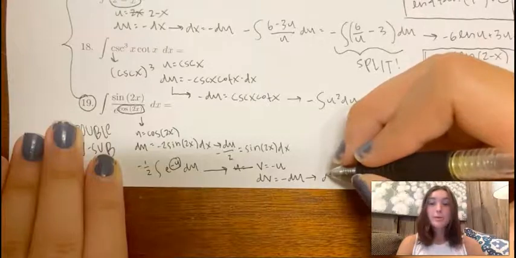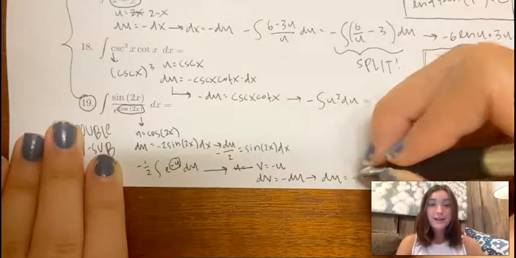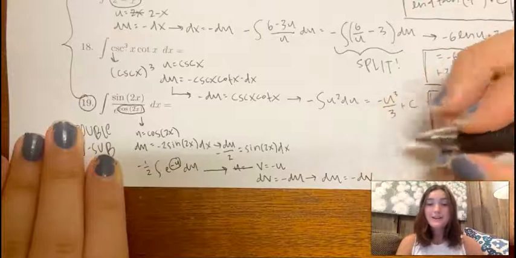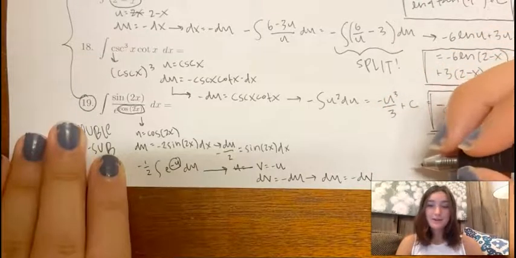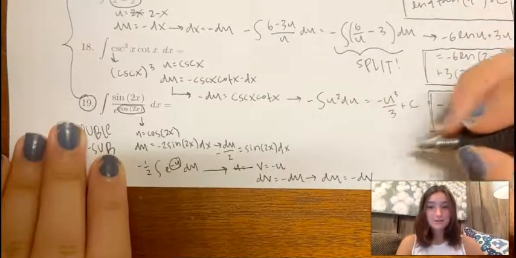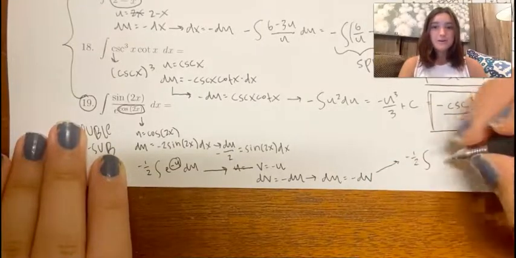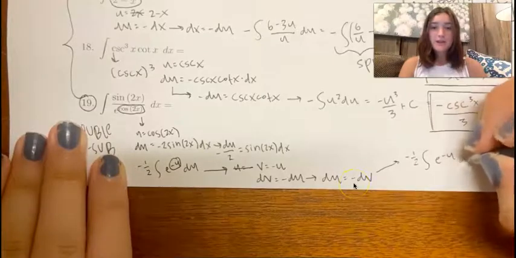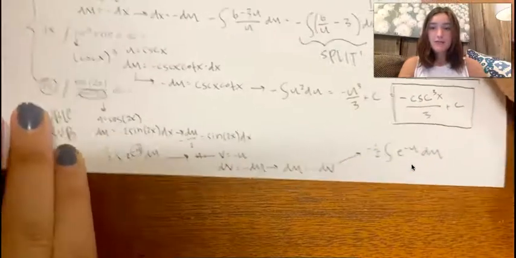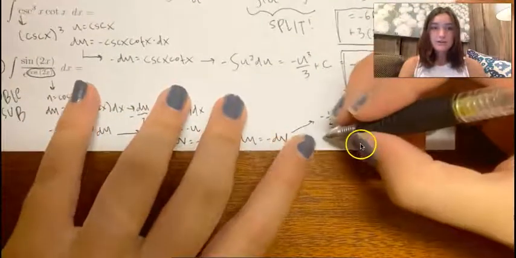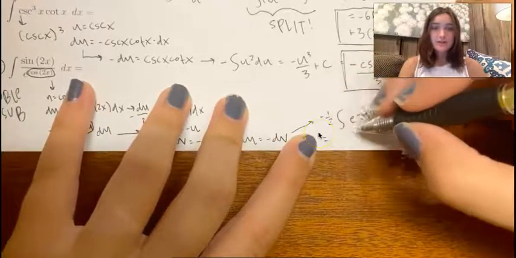So again, the purpose is to make things simpler, and although this problem is pretty complicated, using u subs actually does make it a lot simpler and a lot easier to work with. I'm going to move my face up here so you can see the work that I'm doing. I just took that negative 1/2 integral e to the negative u du and rewrote it there.